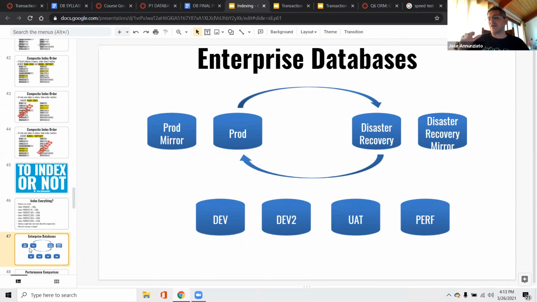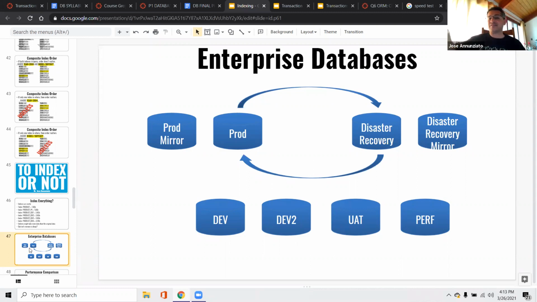There is the database that day-to-day folks are using in production, with thousands of users, but that database typically has multiple copies for disaster recovery, making sure you can survive World War III or the zombie apocalypse.